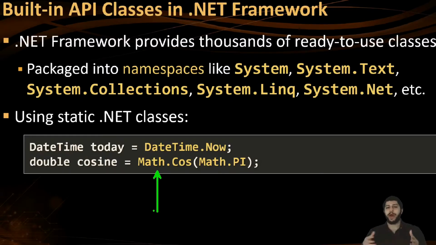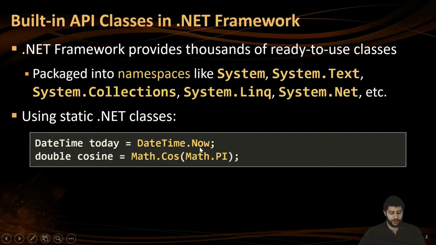Cosine is just a universal function. We don't really need different objects with different implementations of cosine. So we have one class and different static methods of this class, and we can invoke them anytime without instantiating the class or creating an object of this class.